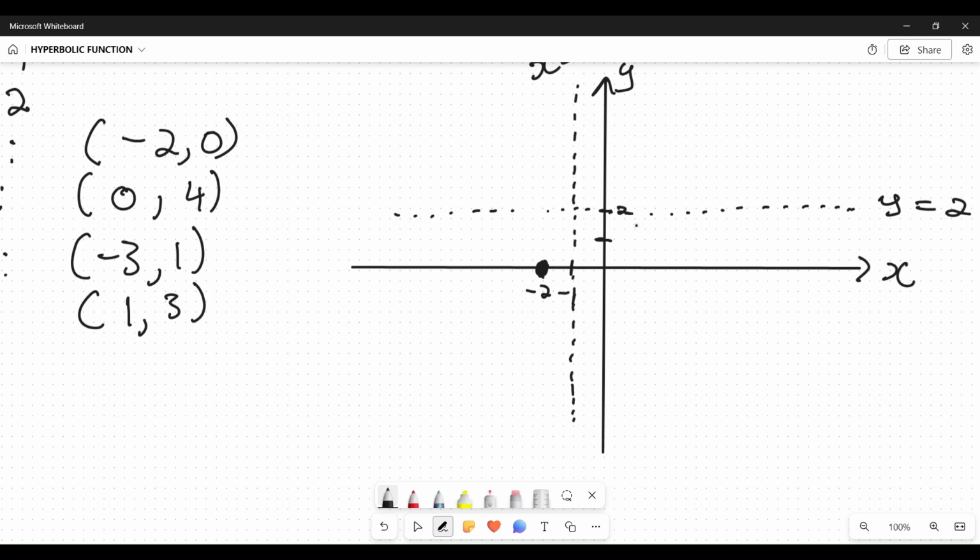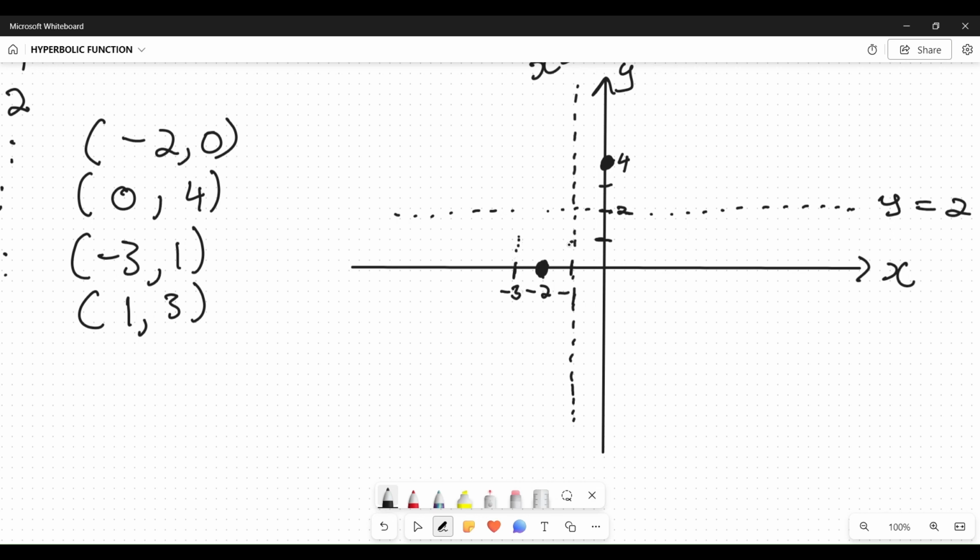And let's plot our y-intercept. Our y-intercept is 0 and +4. Suppose this is +3 and +4. Now this will be our y-intercept. Now let's plot our key points. We'll start by -3 and 1. Suppose this is -3.